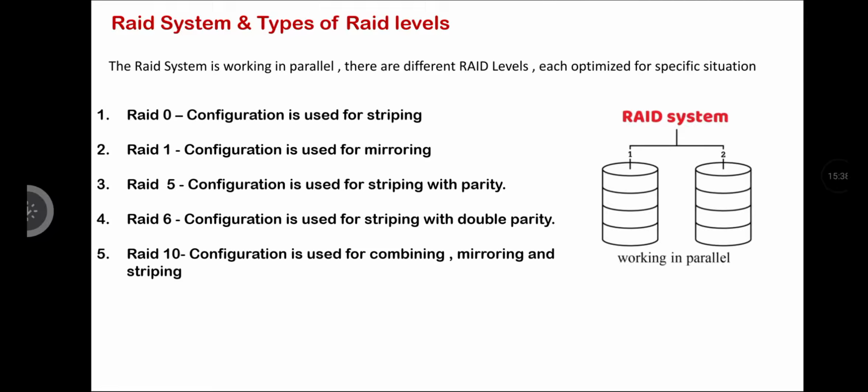The RAID system works in parallel, and there are different RAID levels, each optimized for specific situations. RAID 0 is used for striping. RAID 1 is used for mirroring. RAID 5 is used for striping with parity. RAID 6 is used for striping with double parity. And RAID 10 is used for combining mirroring and striping.